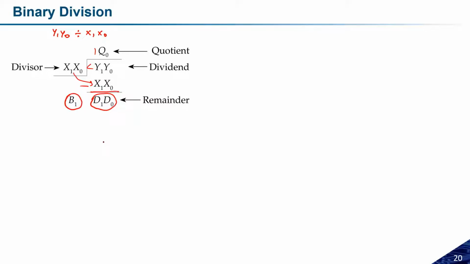This is what we do. Like suppose I have a number which is 5 and I want to subtract 3 from it. So what will happen? I will write 3 over here, 3 ones are 3, and the remainder will be 2 only. But what happens if I have a 3 and I have a 5? In that case, this is not possible. So I need to take some borrow.